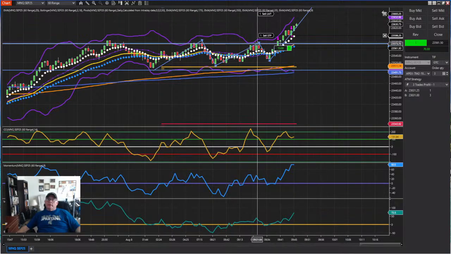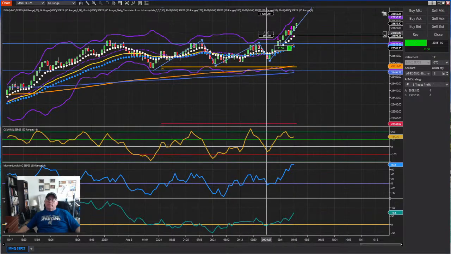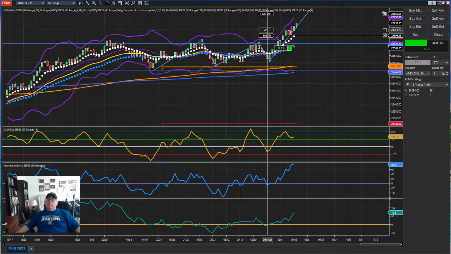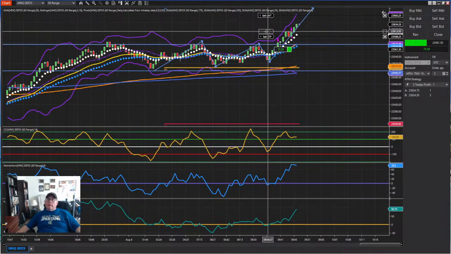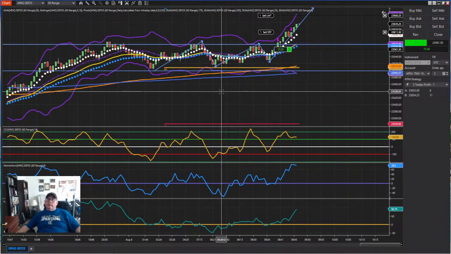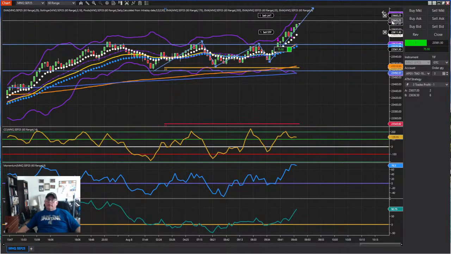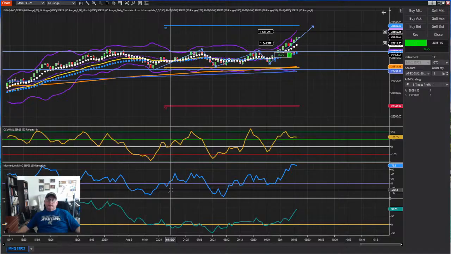Getting weak up here. I'm going to protect this line right now, right there. Really don't want to see it come down, so we're tightening up our stop in front of the R1 is what I'm doing right here.